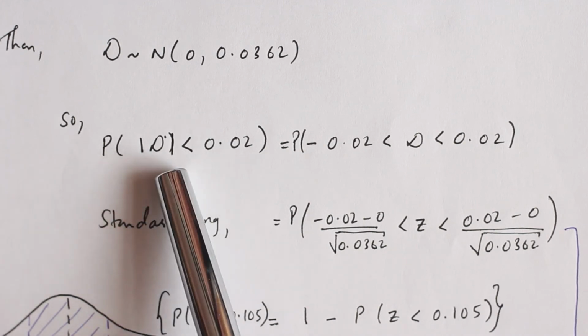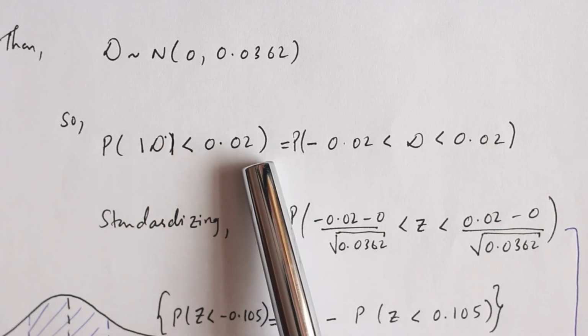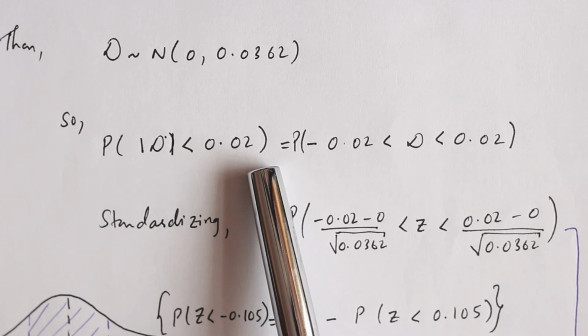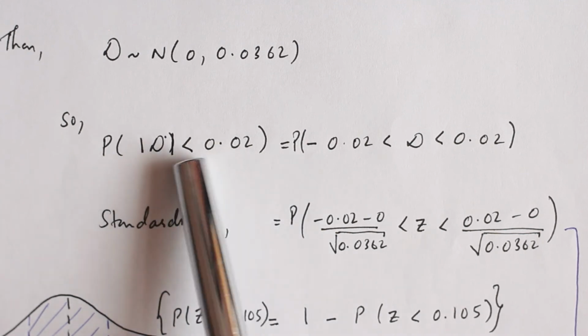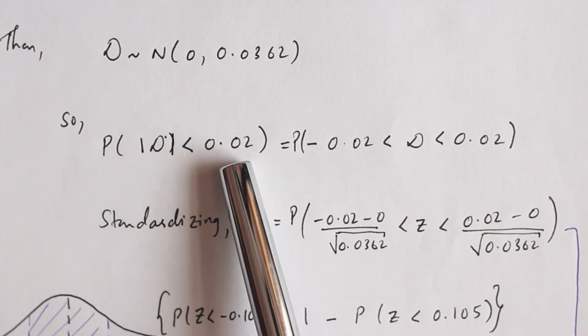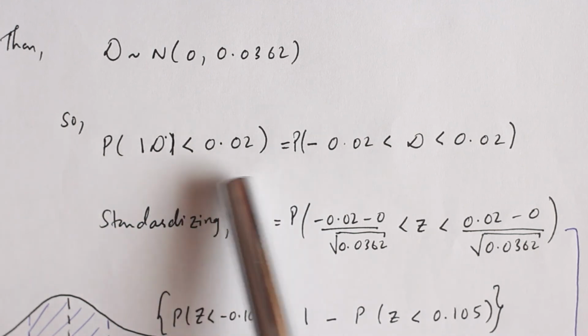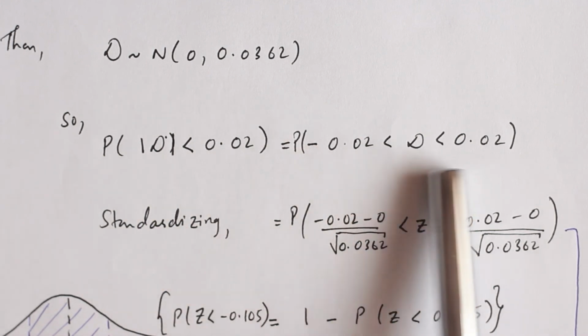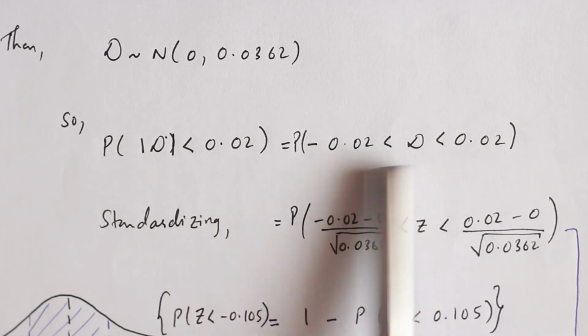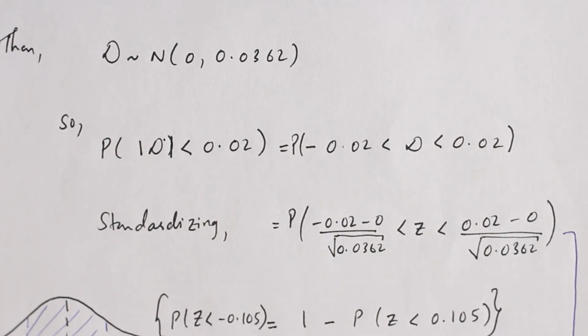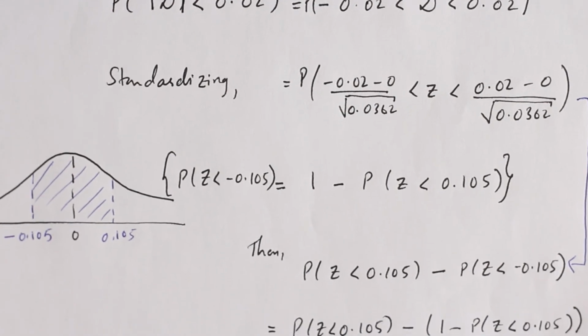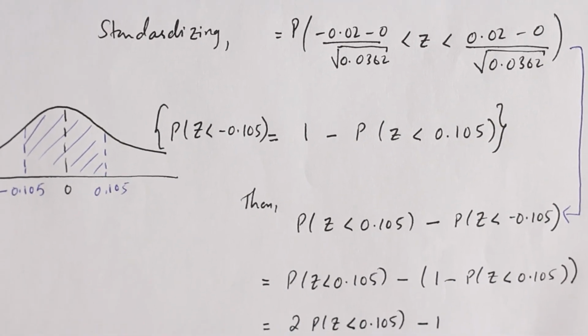So the modulus of D less than 0.02 implies that your mass is varying within 0.02. So by definition of the modulus, you can write this expression inside as this, right? So once you have this, it's pretty straightforward to find the value of the probability.